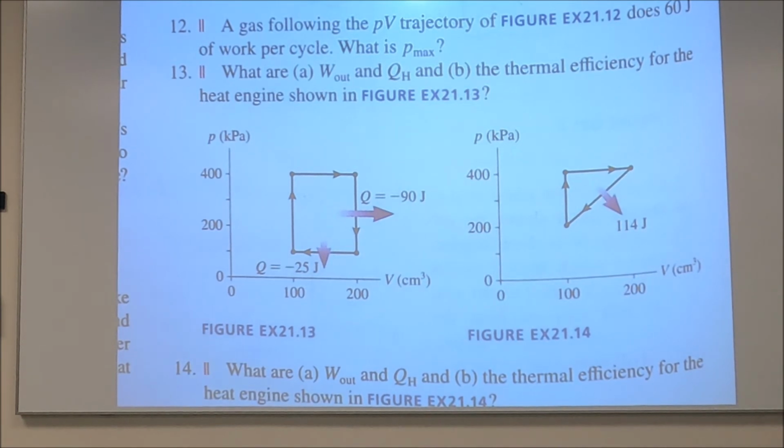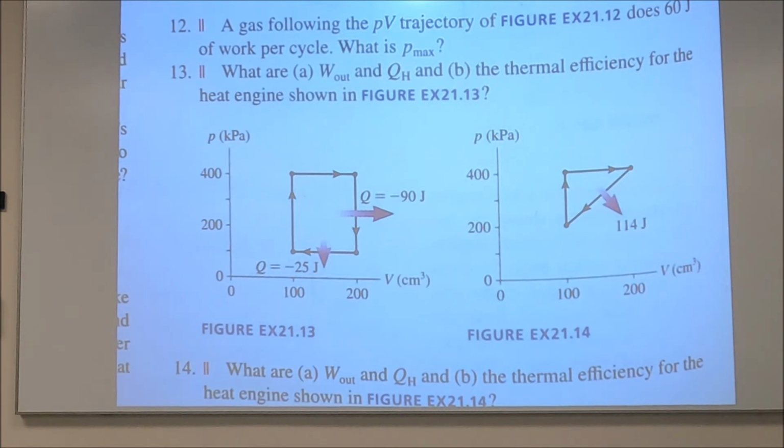So if I look at the area inside there, it's going to be the height, the difference in the height, so change in pressure, 400 minus 100, so that's 300 times 10 to the 3 pascals.